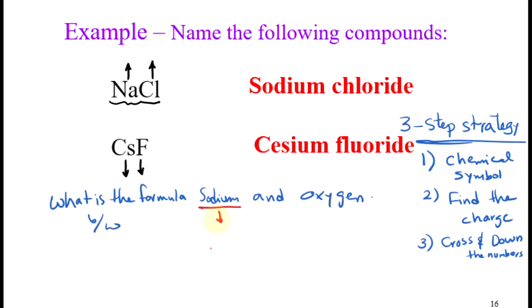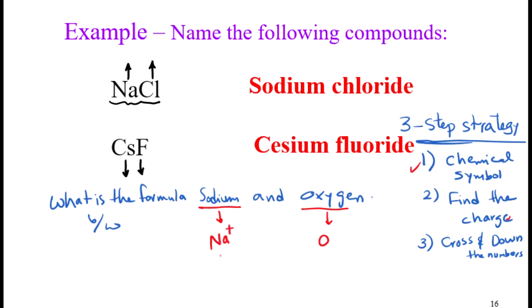Sodium, I write Na. Oxygen chemical symbol is O. So first step, write the chemical symbol. Sodium, oxygen. It's super easy. Always you have the periodic table. Then find the charge. What is the charge for each one? Sodium group 1, always 1 positive.